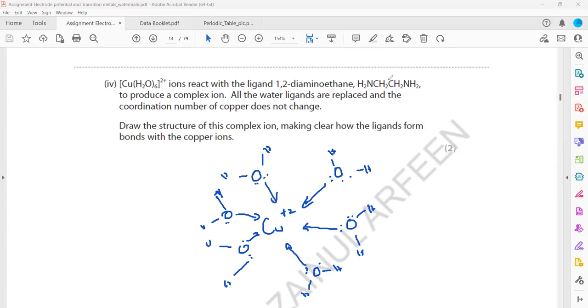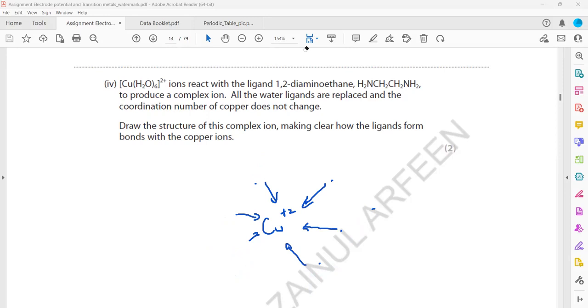But then it is replaced with a bidentate ligand in which nitrogen will have the lone pair. So when we draw the structure for a bidentate, we just link them, like nitrogen having a lone pair, NH2, then CH2, then CH2, and then NH2, the lone pair.